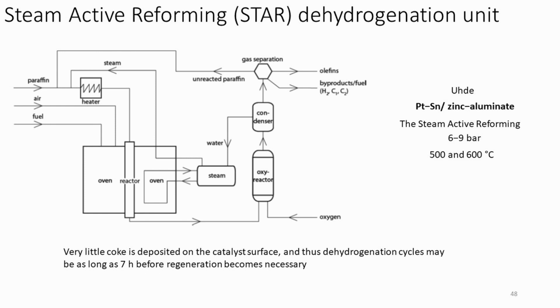The first is a top-fired tubular reformer type reactor, which is externally heated by an oven. Most of the heat is provided at the top of the reactor, where the dehydrogenation activity is the highest. The gas mixture exiting the first reactor is cooled prior to being introduced into the second, so-called oxyreactor, where an oxygen-steam mixture is used for selective combustion of part of the hydrogen, shifting equilibrium towards a higher olefin yield.